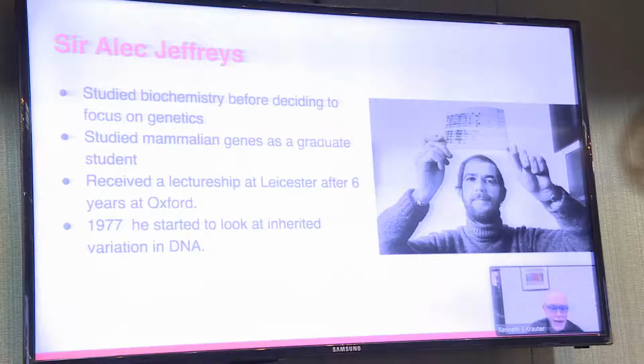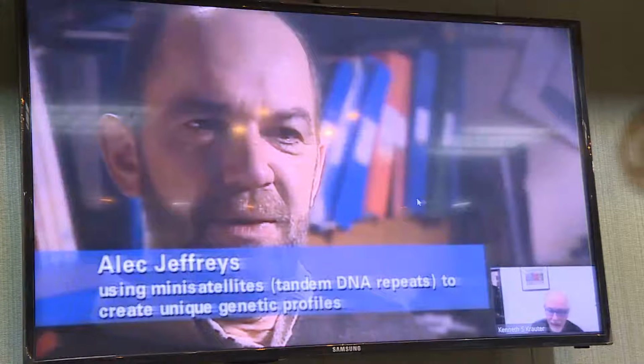He moved to Leicester after being basically a postdoc at Oxford for a while, and he started to look at variation of these VNTR sequences. And so here's Sir Alec explaining his discovery, for which he received a lot of accolades, and he became knighted as a result of it.